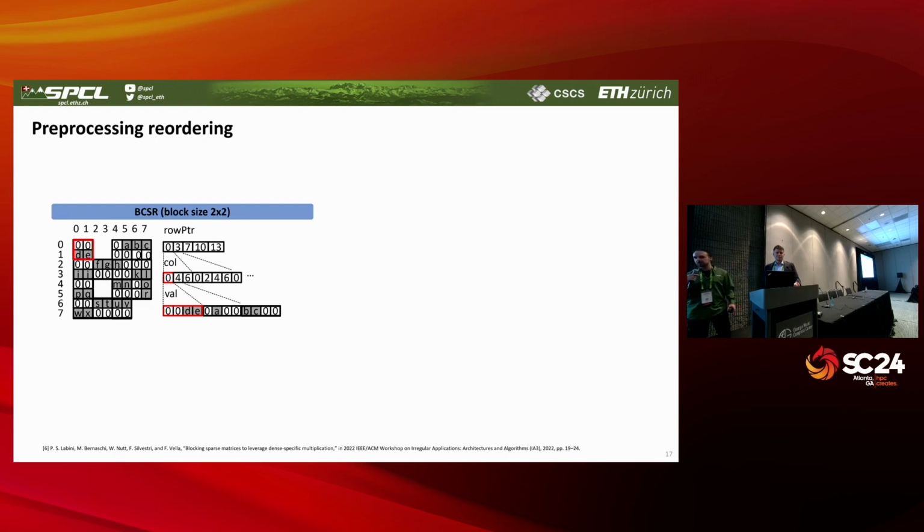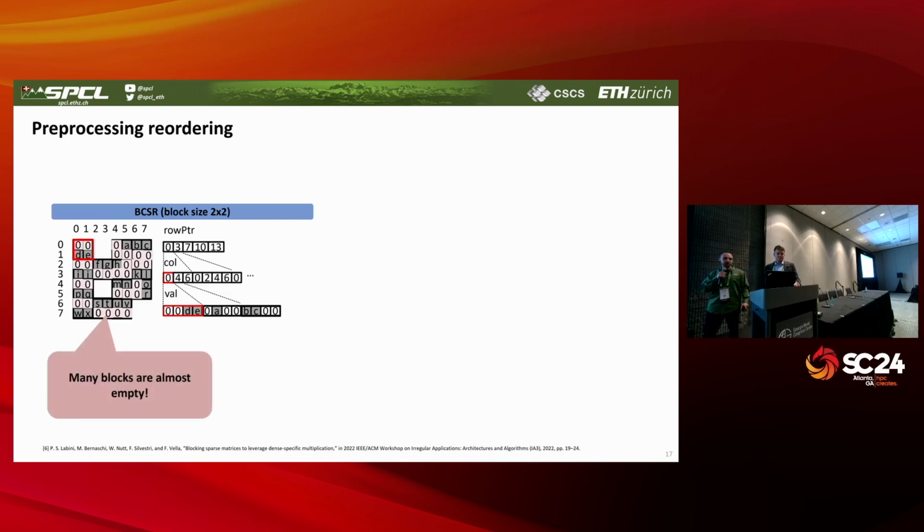In practice, this is 16 by 16. Here I show 2 by 2 to be more readable. As we can see, if we just do this naive blocking, we are storing all the elements in a block explicitly together with zeros. So we are risking a lot of explicit zero padding.